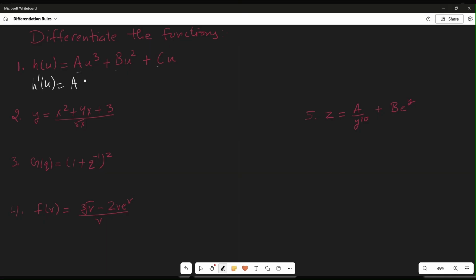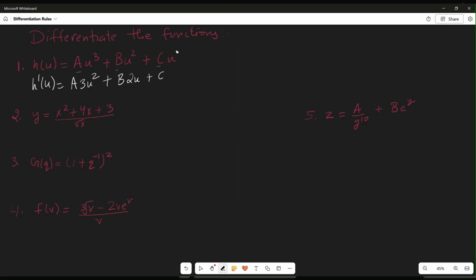The derivative of u to the cube is, as we already know, 3 times u to the power 3 minus 1, which is 2, plus B times the derivative of u squared, which is 2u raised to the power 1, plus C times the derivative of u, which has power 1.